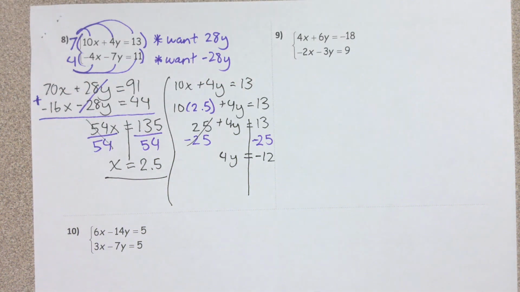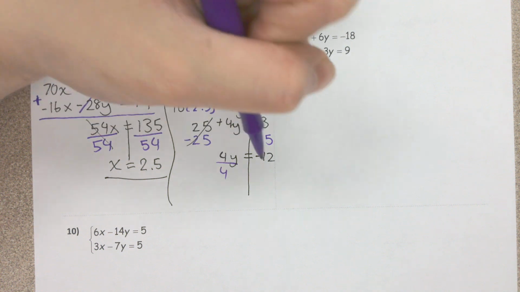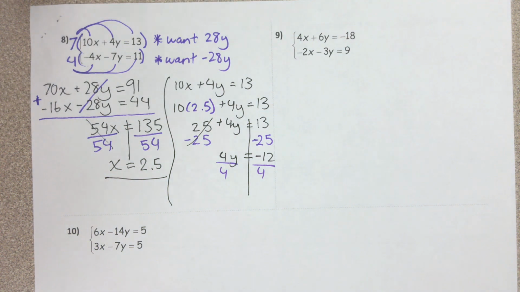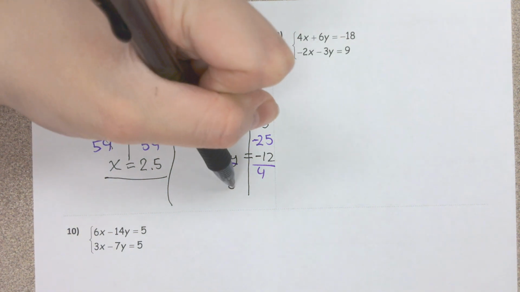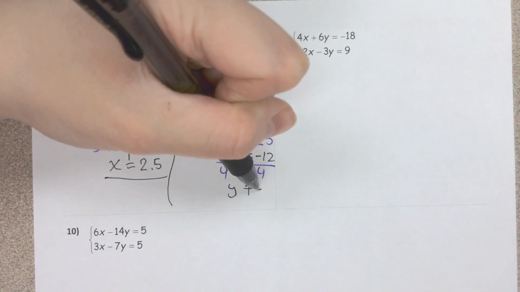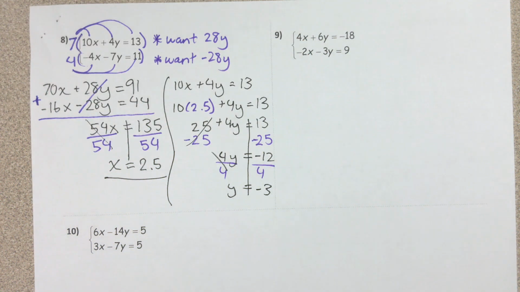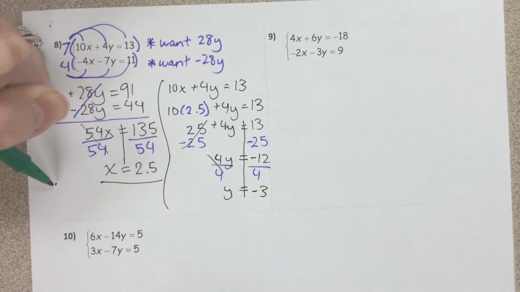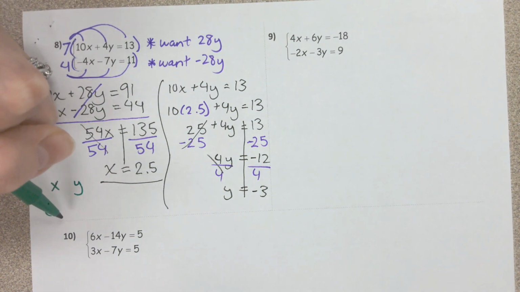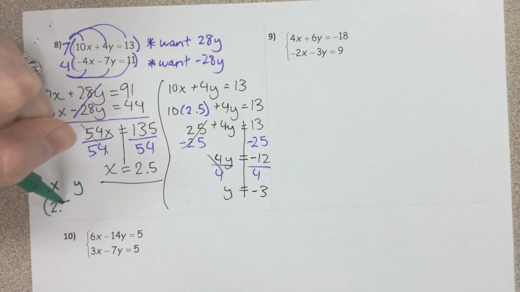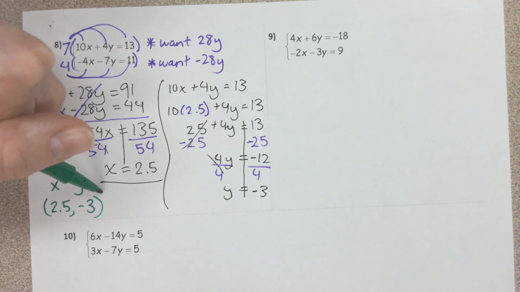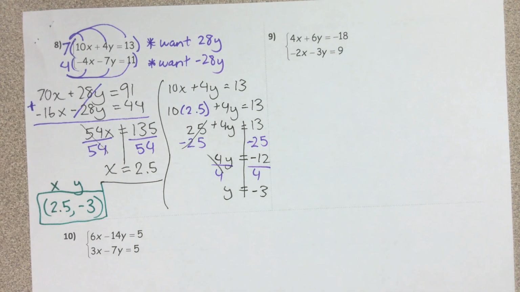And then lastly, we divide by 4 on both sides. Y equals negative 3. And then I just got to write my answer. Again, this is x, y. So we have 2.5, negative 3 as our answer.